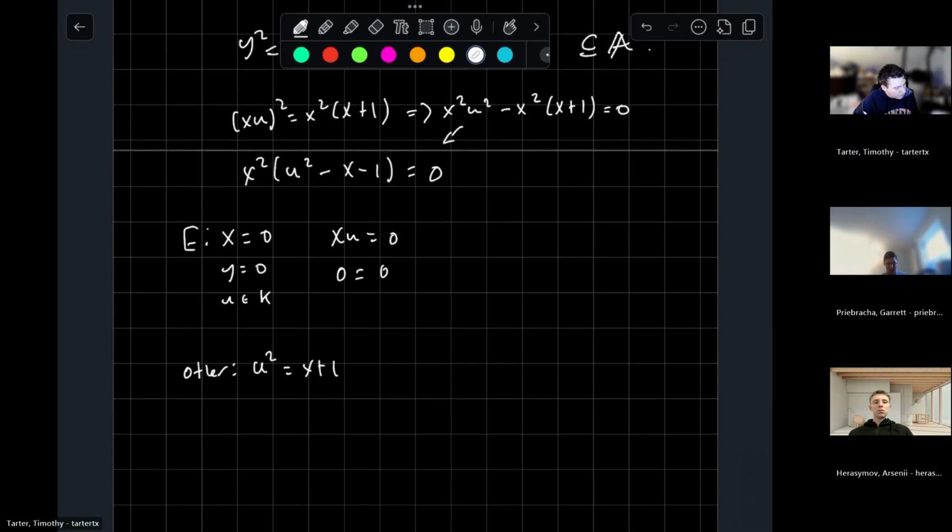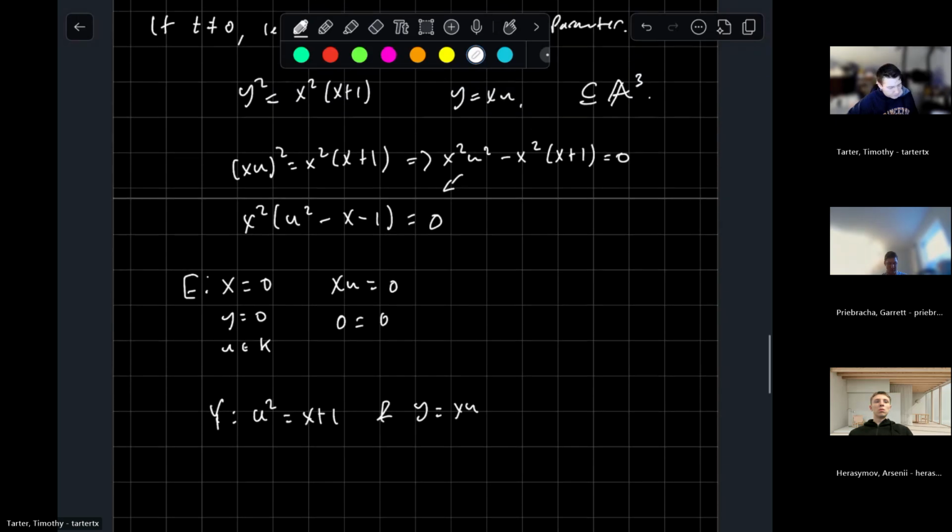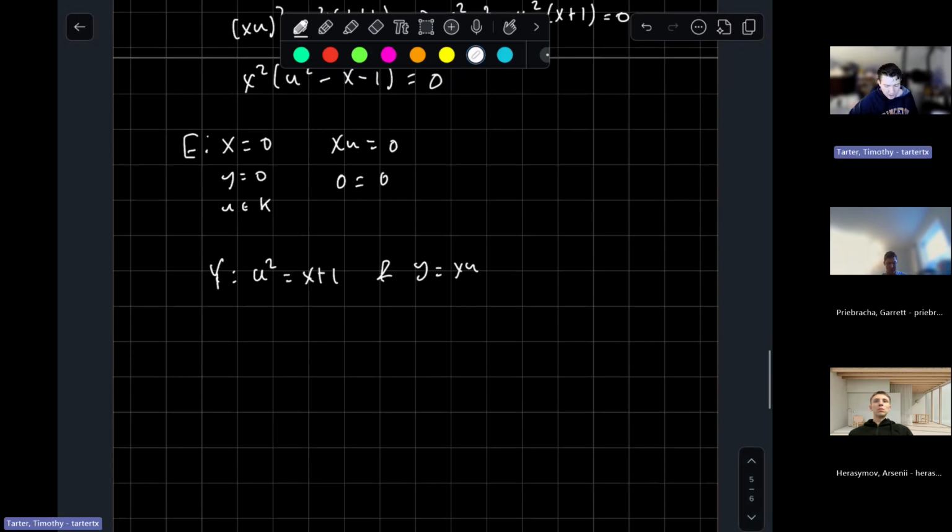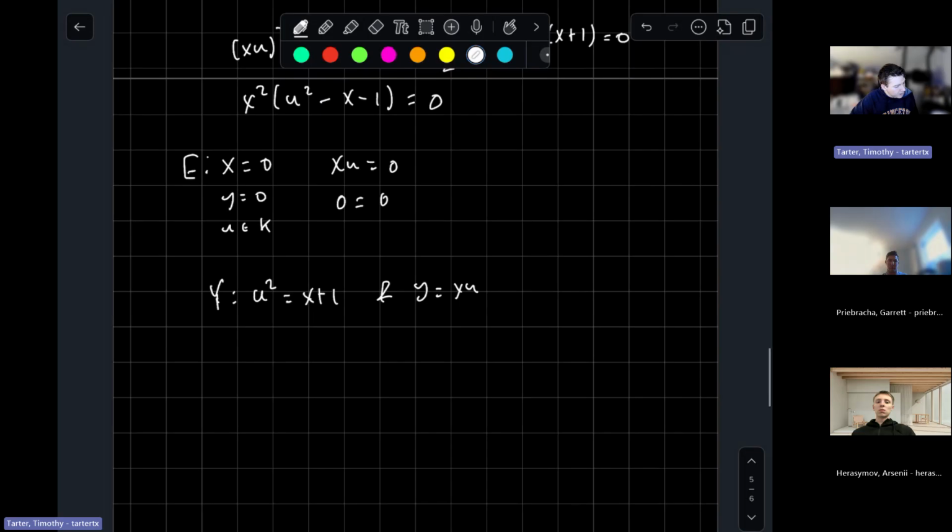And then y is equal to xu. And this is y. And then these things meet at u plus or minus 1. So E intersect y at u is equal to plus or minus 1.